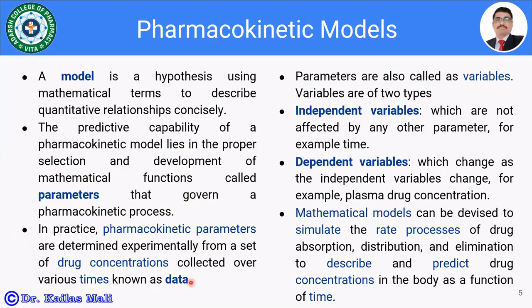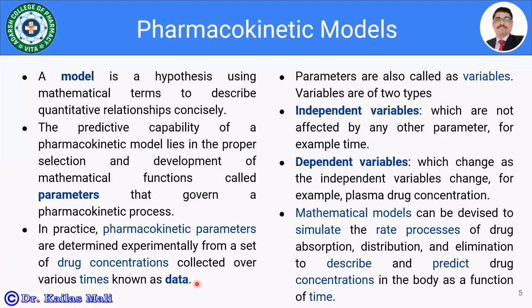When we give the drug by the oral route of administration, we collect the blood samples, and the values related with time and concentration are known as the data. Already we have seen the plasma drug concentration versus time profile, and using that specific data, it is possible to calculate the various pharmacokinetic parameters.